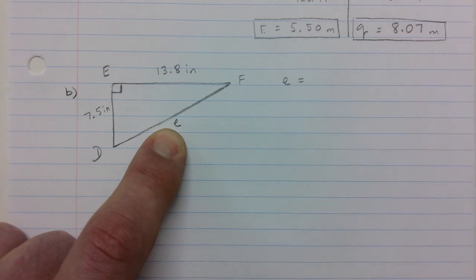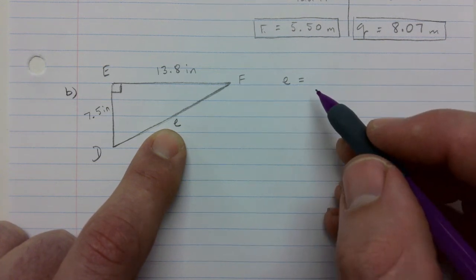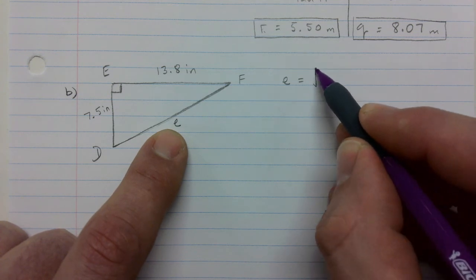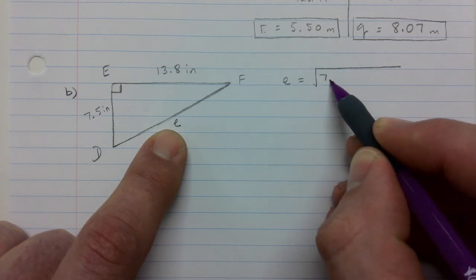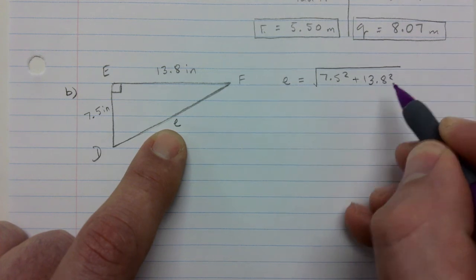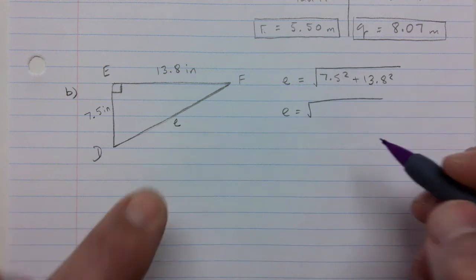E, somebody's saying something here. Yeah, go ahead. I'm going to finish this off and then we're done. E, it's a hypotenuse. Don't go just yet, okay, guys? 7.5 squared plus 13.8 squared.